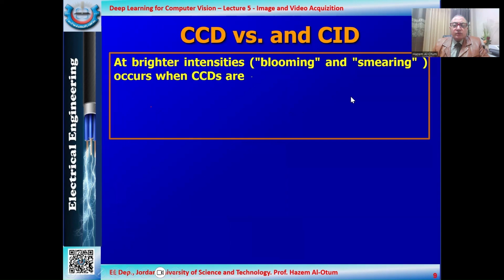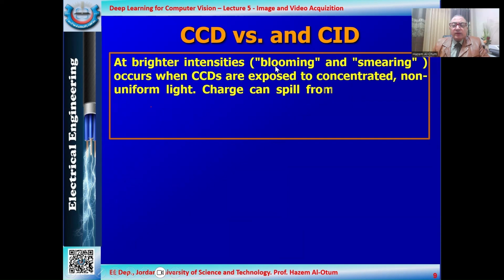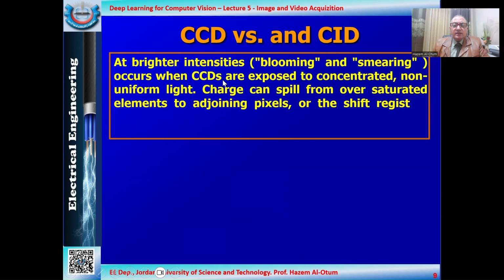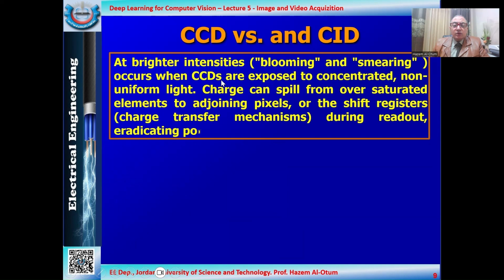In case of the CCDs, we may be dealing with what we call blooming and smearing. What we mean by this is, when we expose the CCD camera to concentrated non-uniform light, the light reflected from these objects looks as if it is spilled from the saturated elements to surrounding pixels.